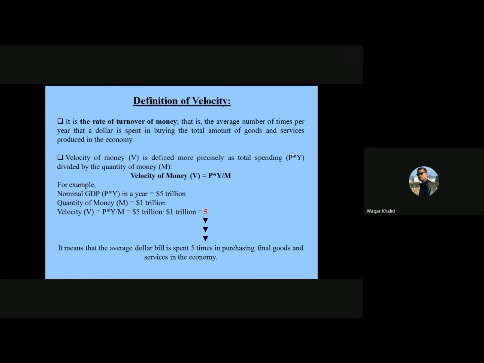We can write the expression as V equals P multiplied by Y divided by M. So $5 trillion divided by $1 trillion. We get the numerical value for velocity as 5. This 5 is known as velocity. Actually, this value represents that the average dollar bill is spent 5 times in purchasing final goods and services in the economy.